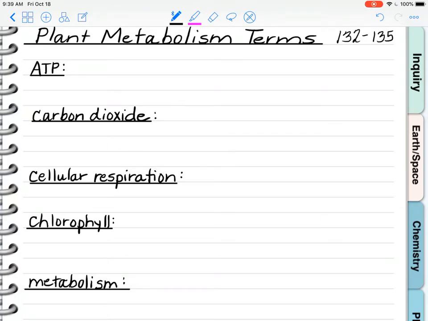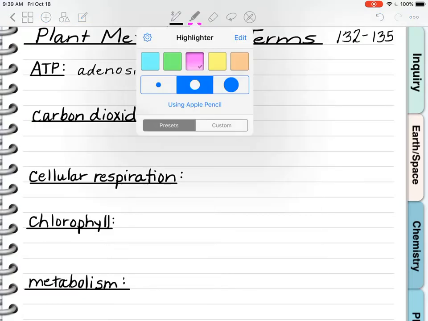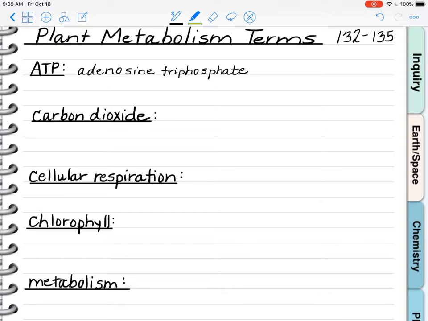So ATP stands for adenosine triphosphate. So when scientists need to write adenosine triphosphate, rather than having to write all of that out, it's much easier to use the acronym. There's the A, there's the T, and there's the P. So ATP is adenosine triphosphate.